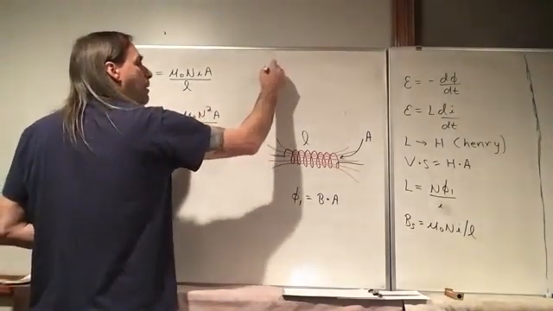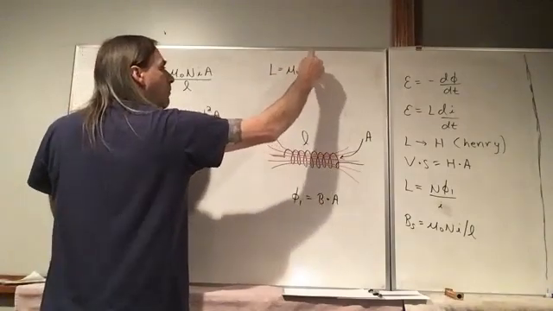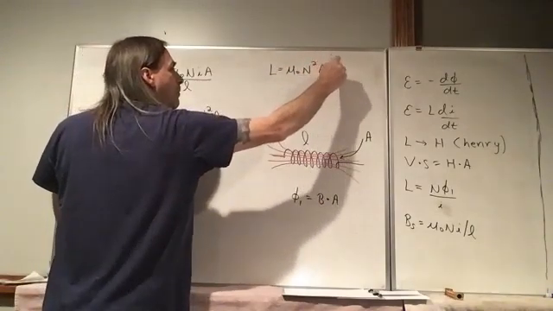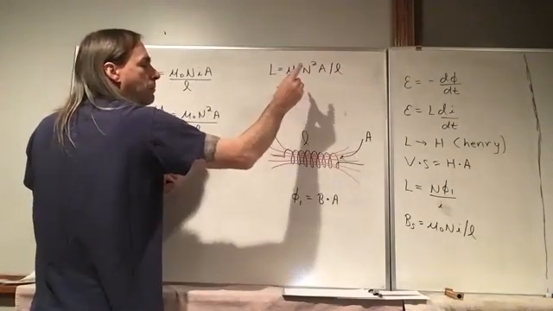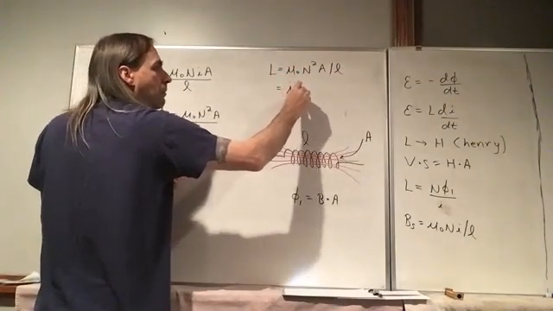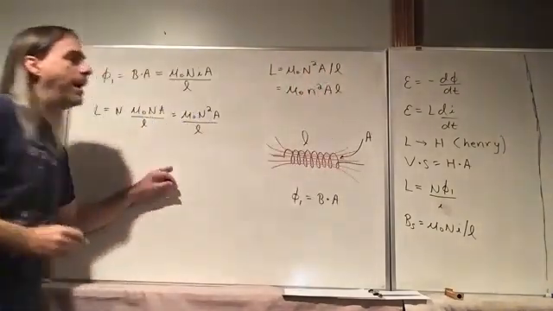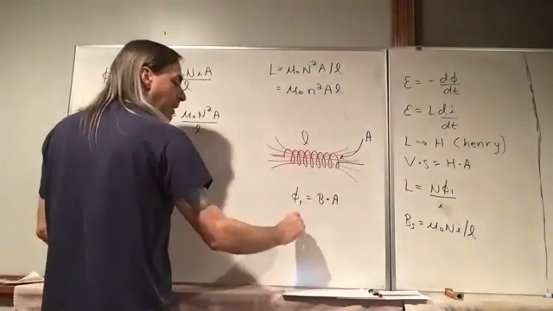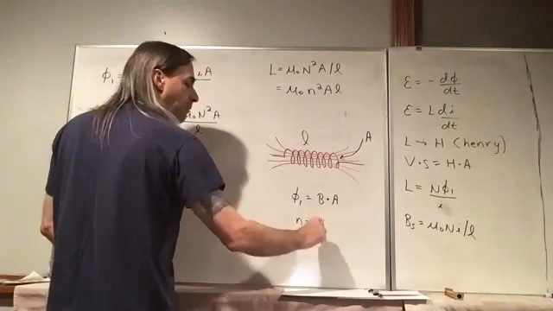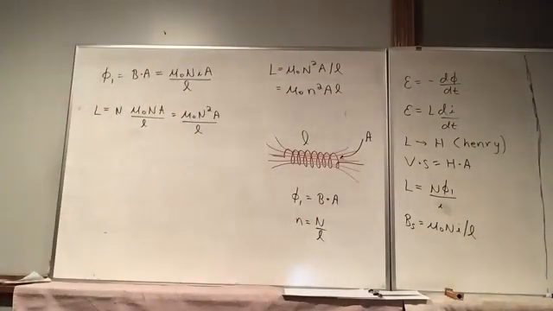This is one way we can write it. Now, another way we can write it, you might see either way. Remember, lowercase n is the turns ratio. That'd be the total number of turns per length.